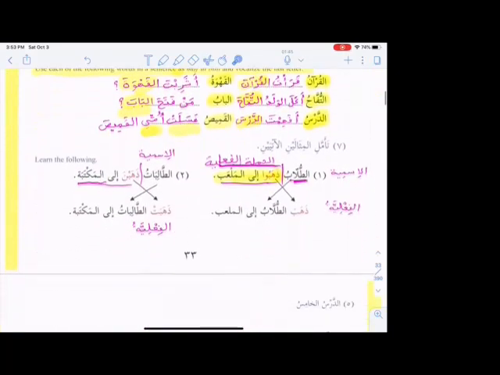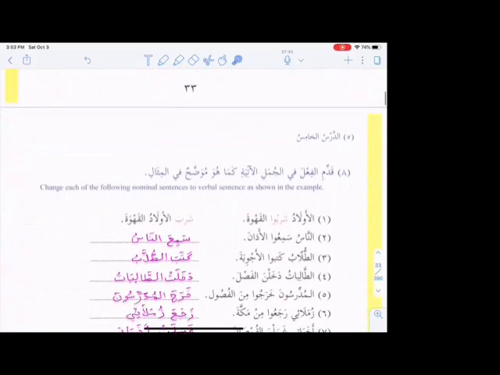And now we come here. Now look at this. Change each of the following nominal sentences. So, Alhamdulillah, Dr. Saib is writing nominal sentence. What is the meaning of nominal sentence? Nominal sentence is al-jumlatu al-ismiyatu.